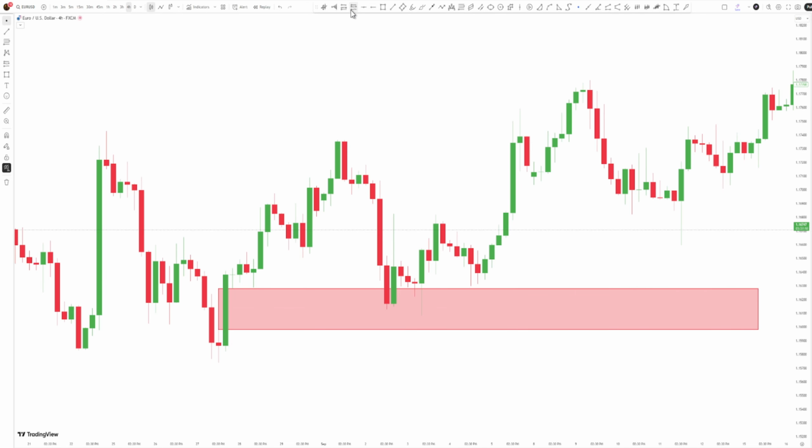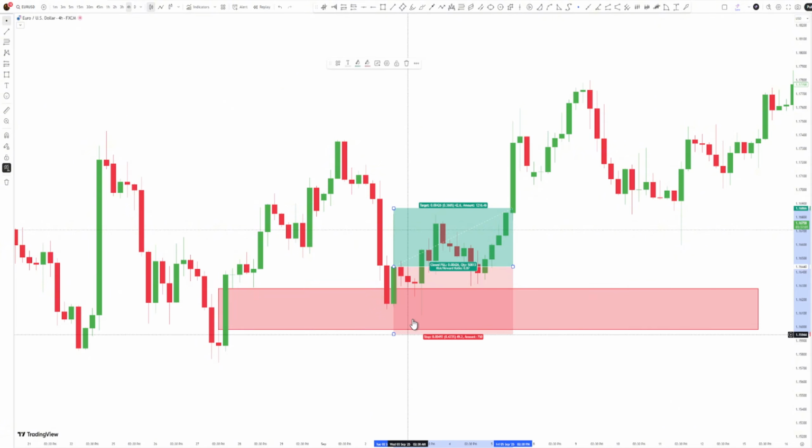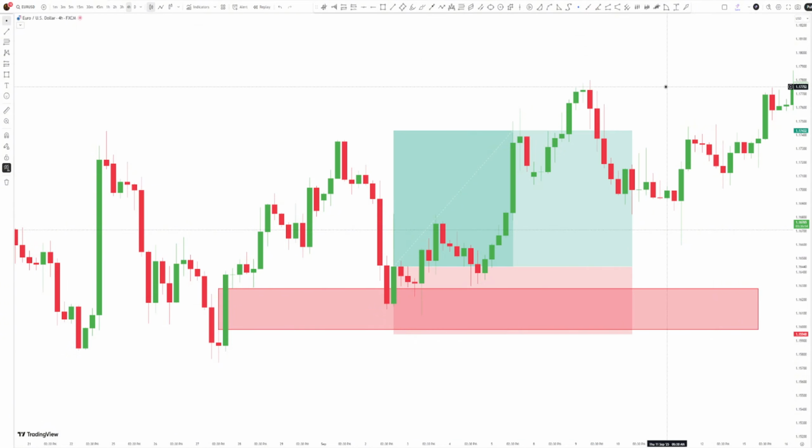We'll be taking entry when the price gets reversed. That's our trade plan, and our stop loss should be a buffer of points below the zone or above the zone and target at this high. And this is how we trade the fair value gap.